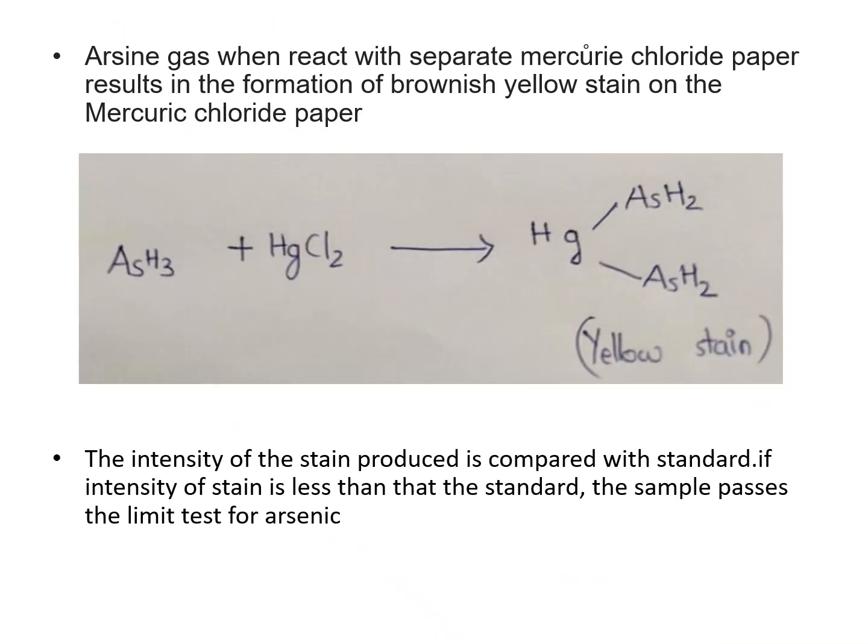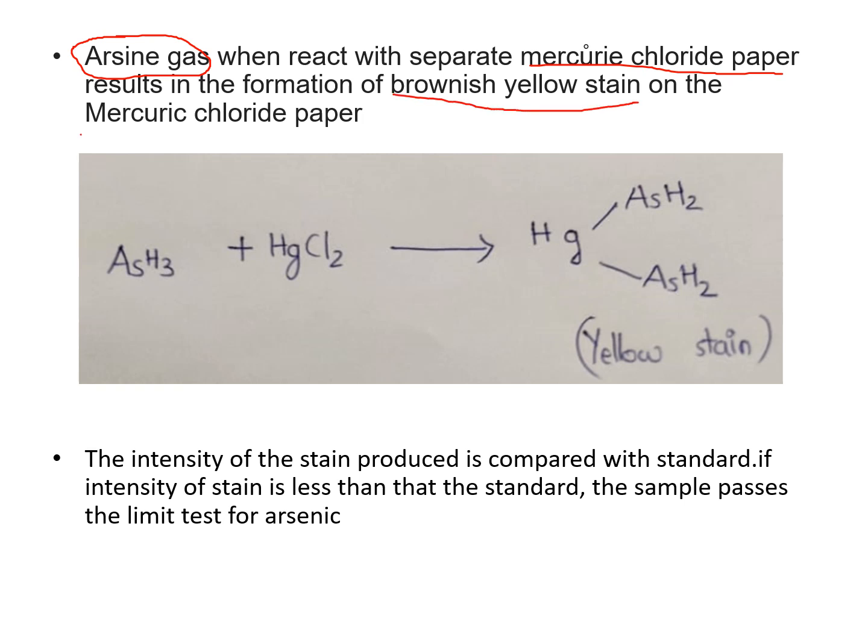Next, the arsine gas formed in the previous steps reacts with the mercuric chloride paper. This mercuric chloride paper is sandwiched between the two rubber bungs in the Gutzeit apparatus. The arsine gas evaporates up and reacts with the mercuric chloride paper to form a brownish yellow stain.